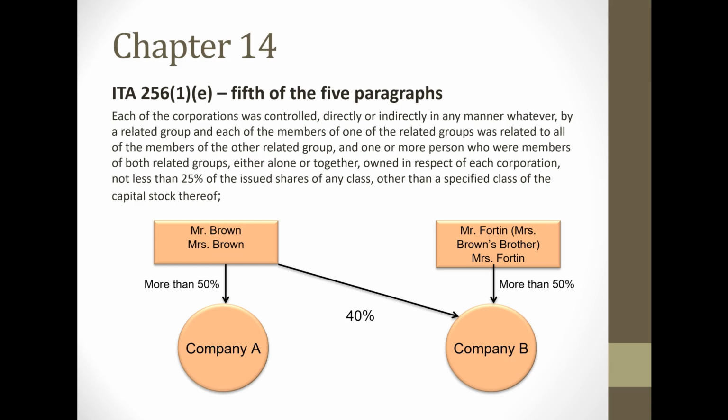So in this example, because the related group members are related to one another and the cross-ownership test is met, either Mr. or Mrs. Brown own not less than 25% of the voting shares of Company B, then Company A and Company B are considered associated. So that brings us to the end of this short tutorial with respect to associated companies.